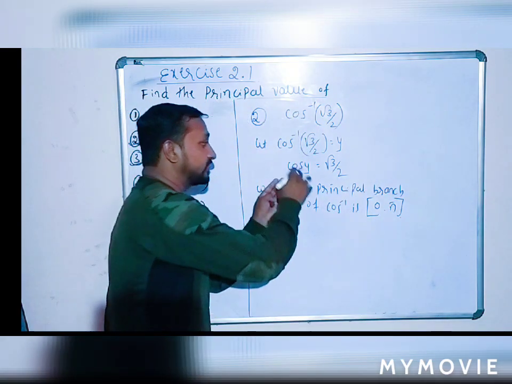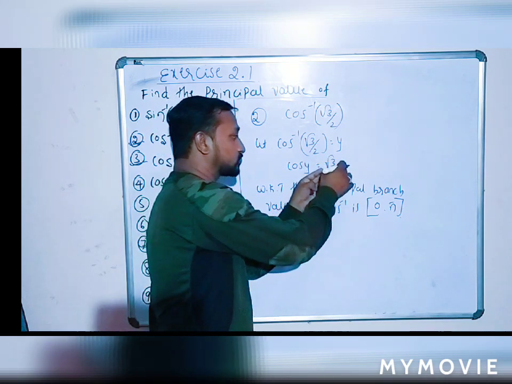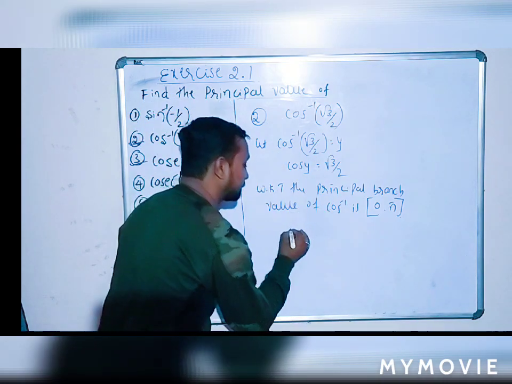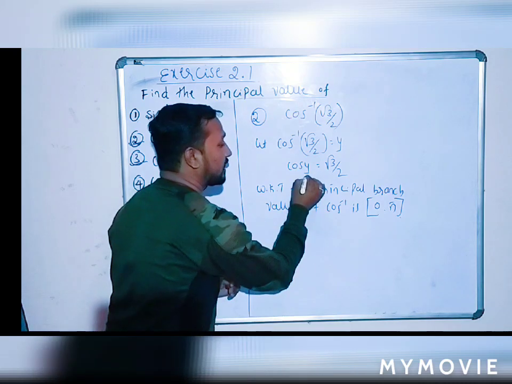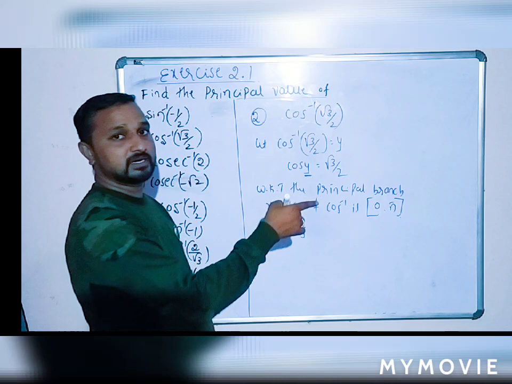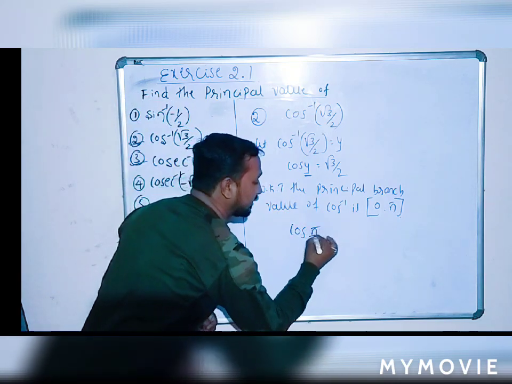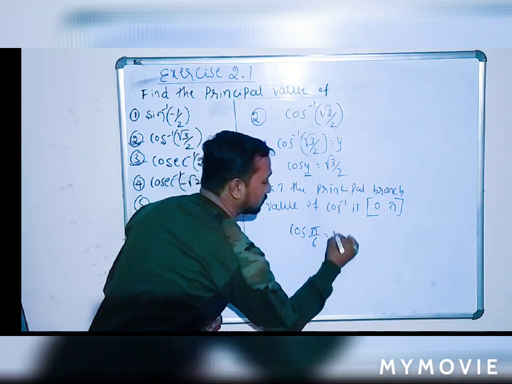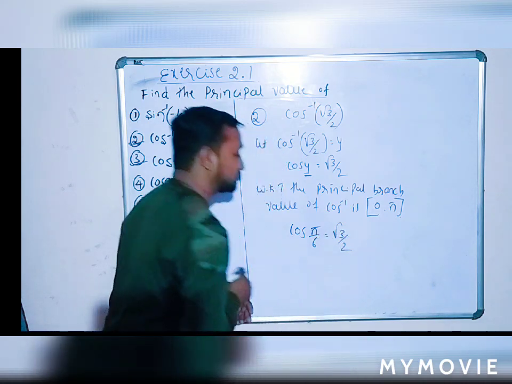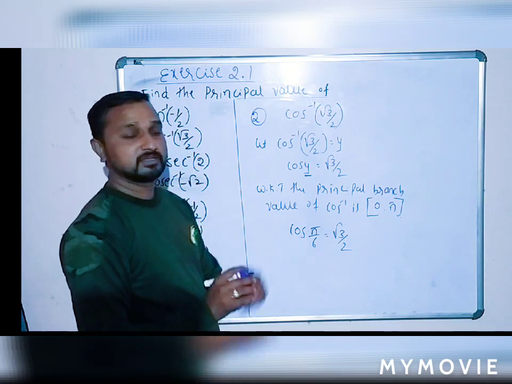In which angle is the value of cos root 3 by 2? Cos pi by 6 is equal to root 3 divided by 2. Cos 30 degree is equal to root 3 by 2.